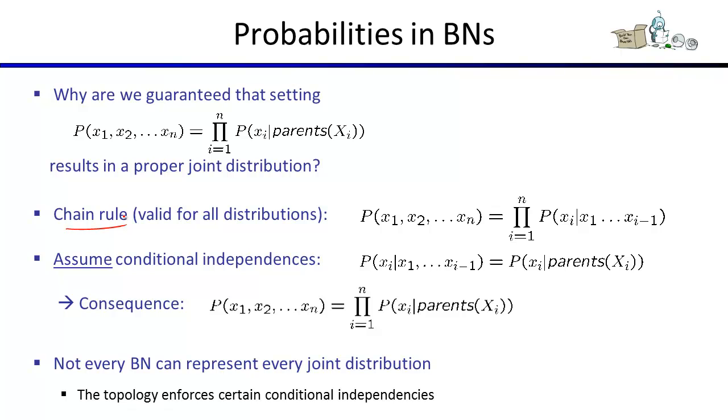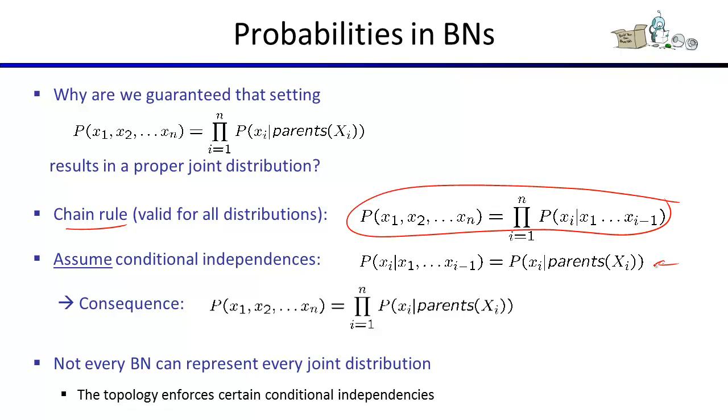Out of those n factorial different orderings, you need to pick an ordering that's consistent with the ordering of the nodes in the graph that represents your Bayes net. Otherwise, this whole process just doesn't work. So you pick an ordering consistent with the directed acyclic graph that you have for your Bayes net. Once you have that ordering, then you can apply the chain rule consistent with that ordering.